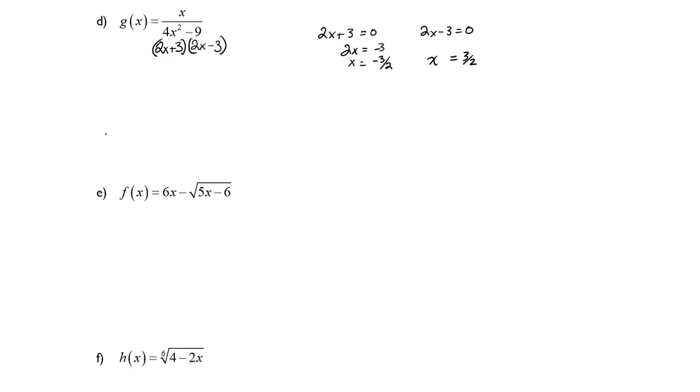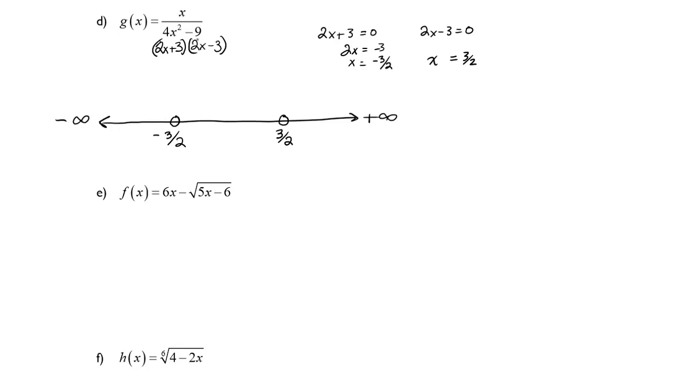And so I'm just going to go ahead and draw a number line, label my negative and positive infinity directions, and I'm going to put an open dot at negative 3 halves and an open dot at positive 3 halves.